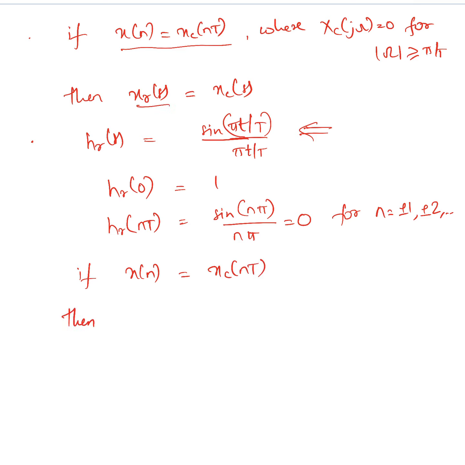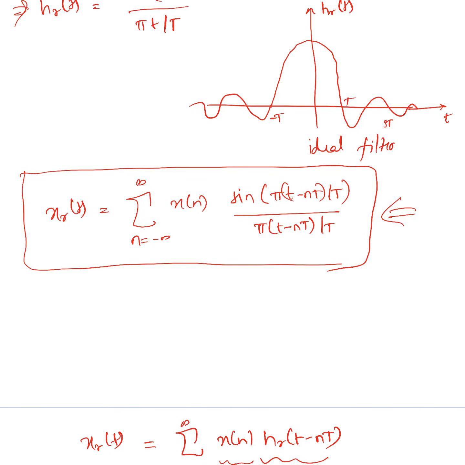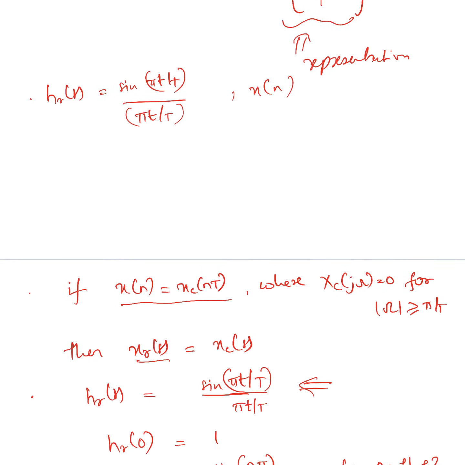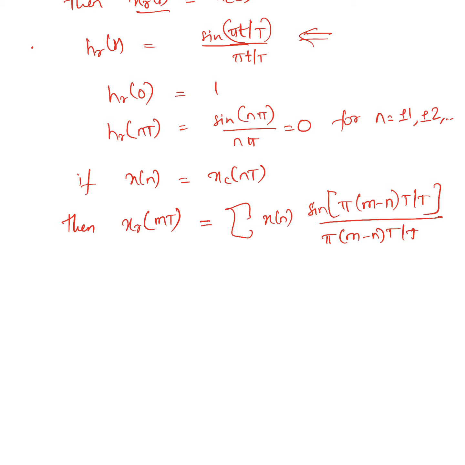Let's write this first of all for x_r at some m times T. So x_r of mT, which we had seen from this formula, substituting t equal to mT, you would get the summation of x[n] sin(pi (mT - nT)/T) over pi (mT - nT)/T.